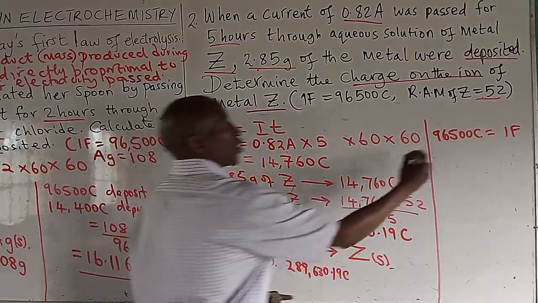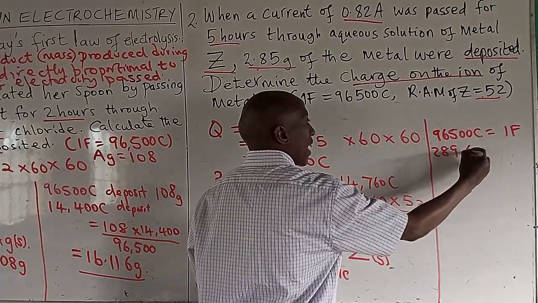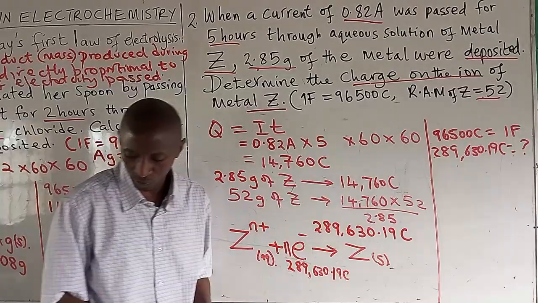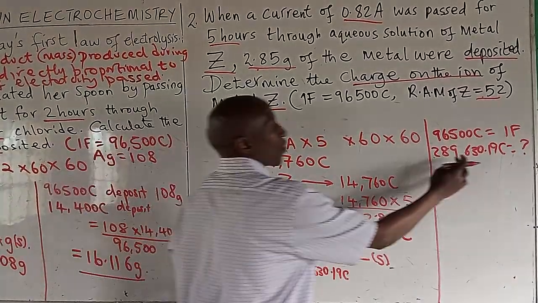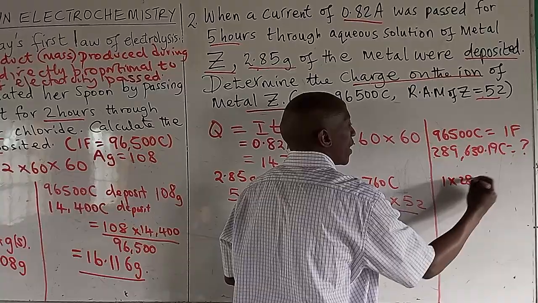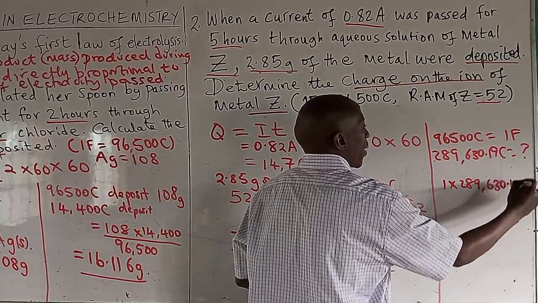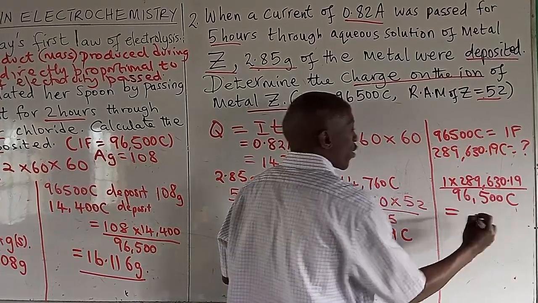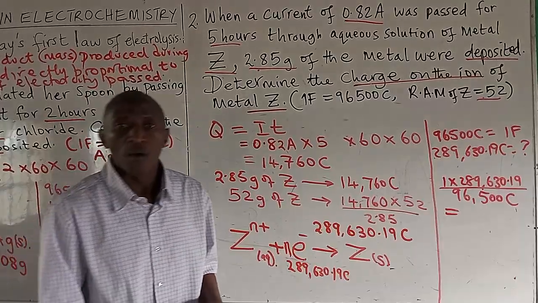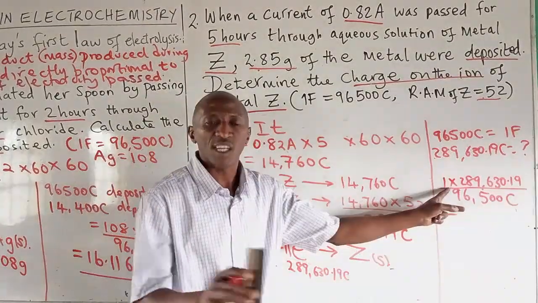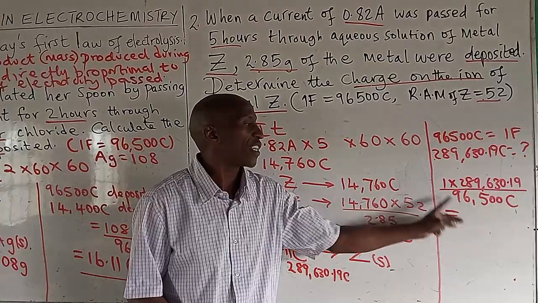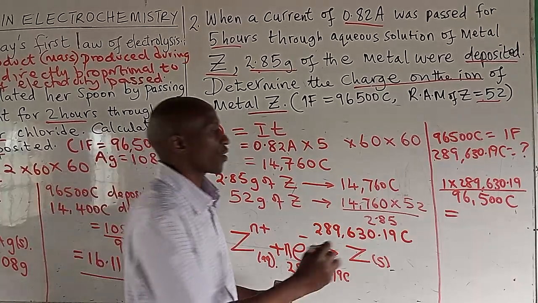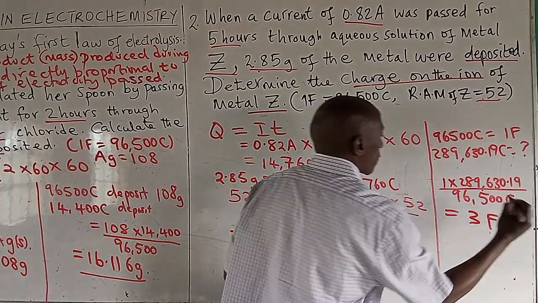What about 289,630.19 coulombs? How many Faradays are those? So we do the division or the cross multiplication: 1 times 289,630.19, divided by 96,500 coulombs. And what do we get? Kindly key in. I would like to make this session as interactive as possible. Key in and let's get a value. I expect that you get 3 Faradays.